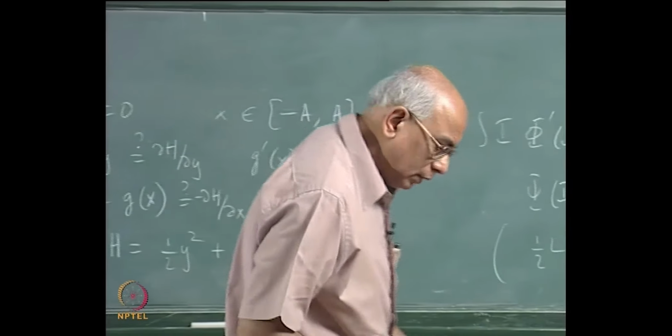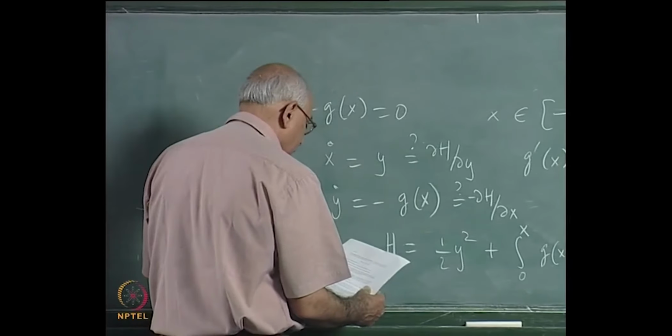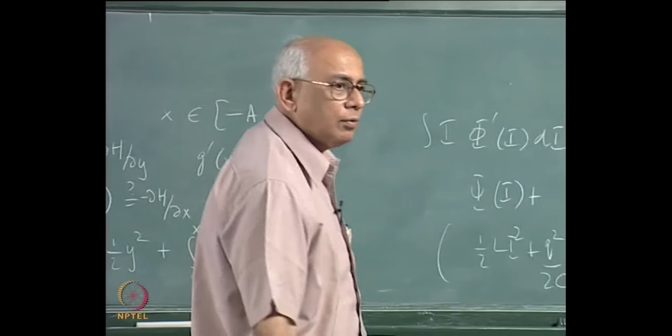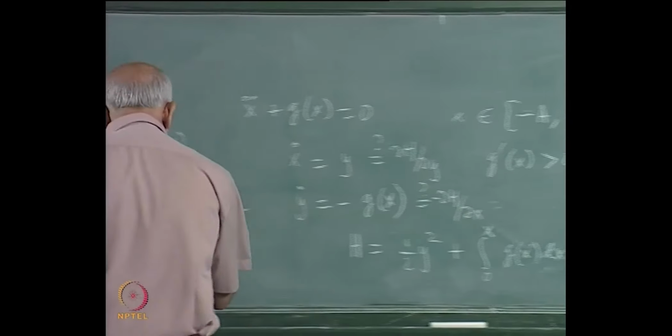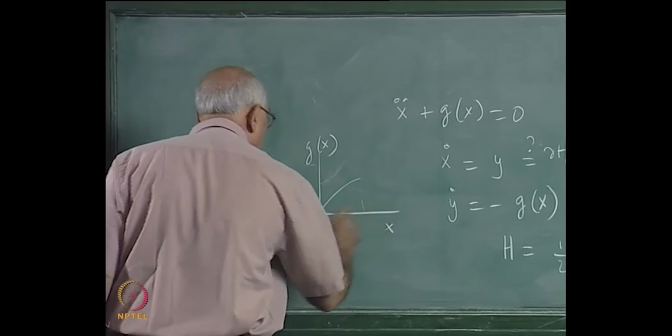So go back to this here and ask, it is anyway positive, so it would be an integral from 0 to a, and you could write that down, so that would correspond to motion, perhaps it looks like this, from this point to this point.